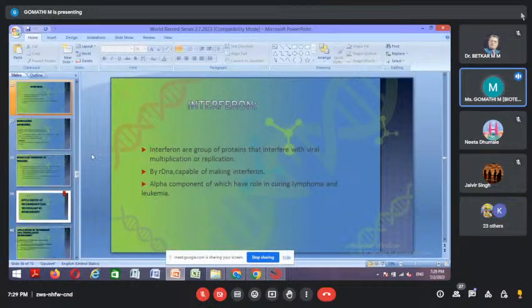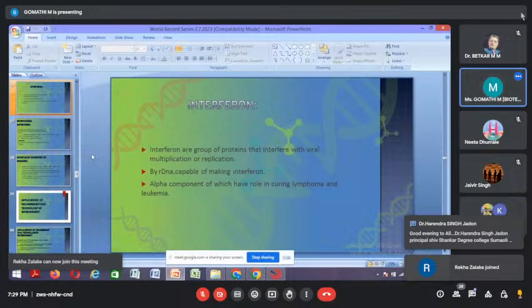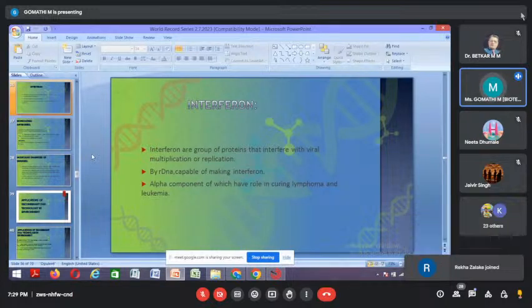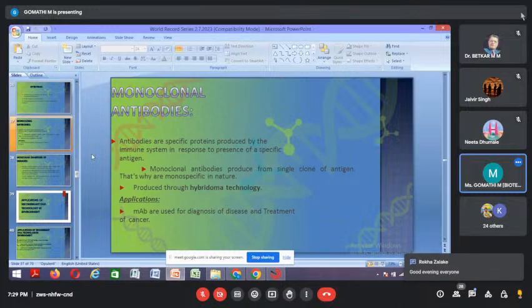Interferons are also produced by recombinant DNA technology. Interferons are a group of proteins that interfere with viral multiplication or replication. And monoclonal antibodies: antibodies are specific proteins produced by the immune system in response to a specific antigen.